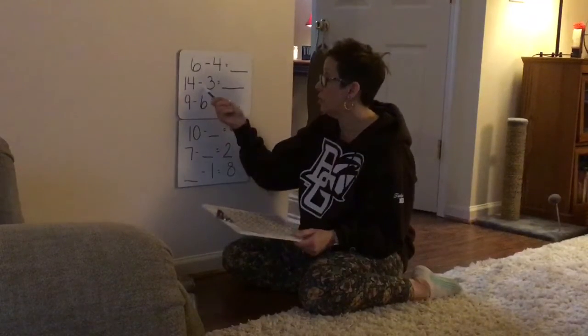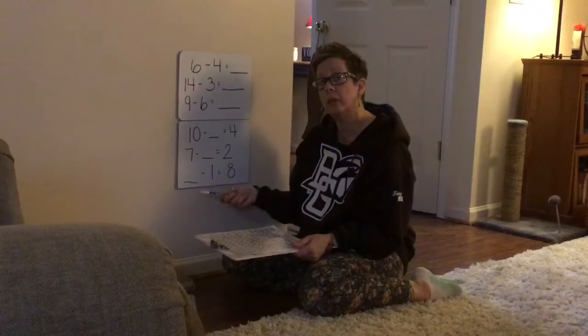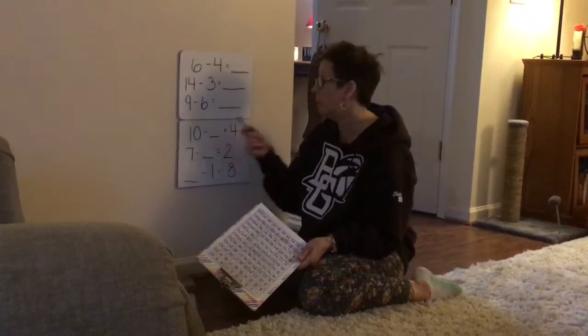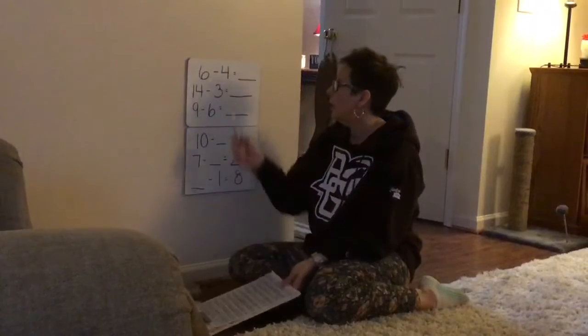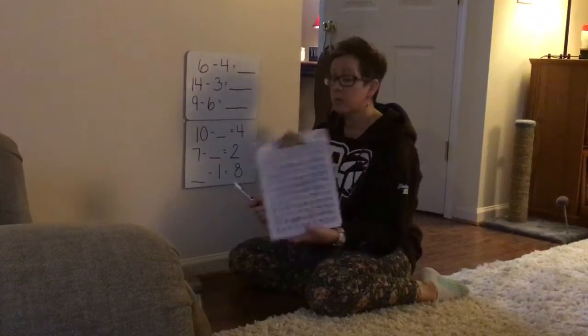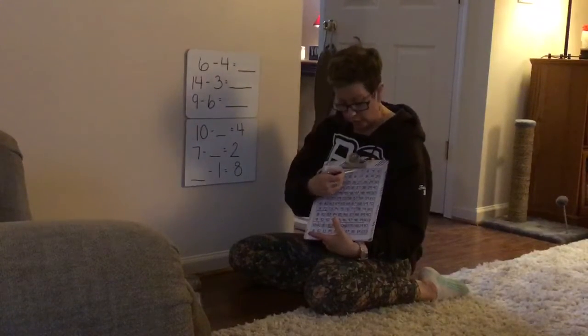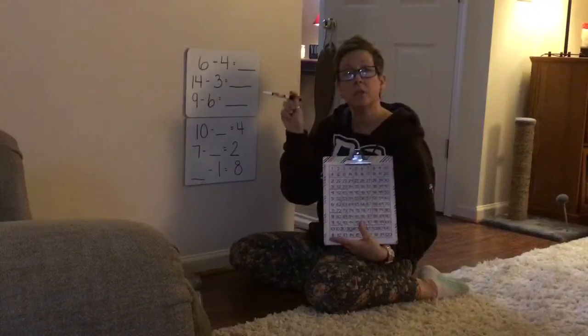I'll do the first two up here and the first two down here, and then I'm going to let you guys do the last one on your own, but I will read it to you. So for our first one, we have 6 minus 4 equals. So again, when we are subtracting, we are going to jump to the left.